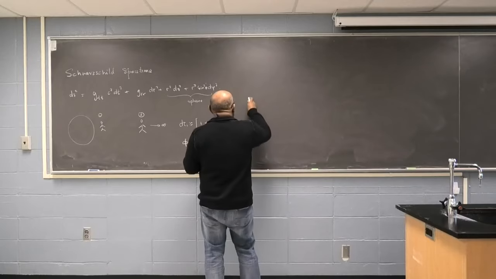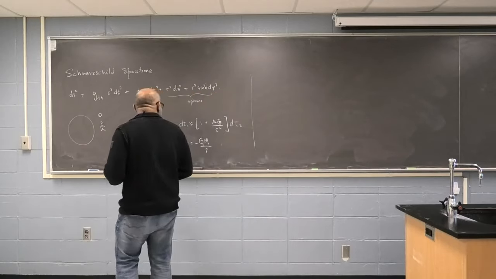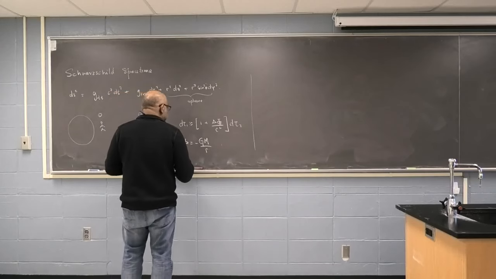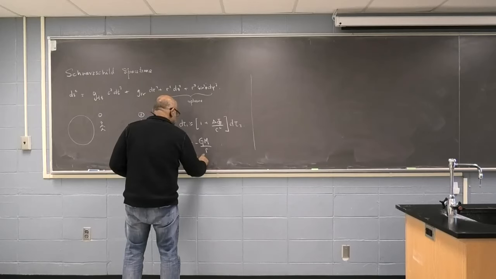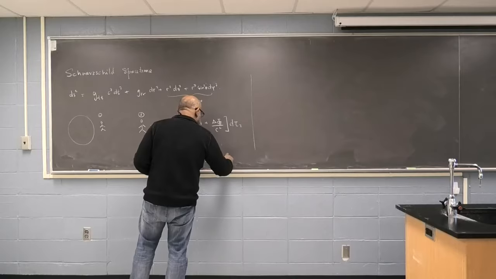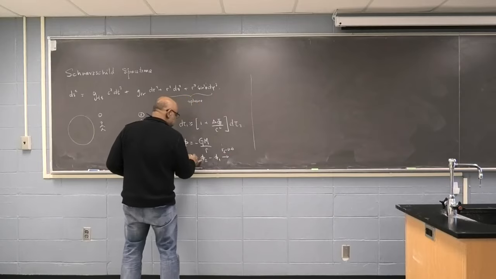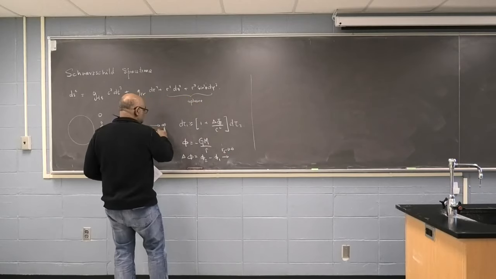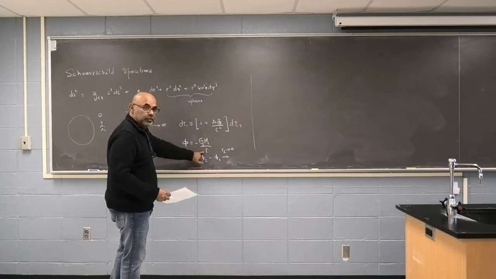So delta phi becomes phi2 minus phi1, and as r2 approaches infinity, because the second observer is going all the way to infinity, you get 1 over infinity, or 0.